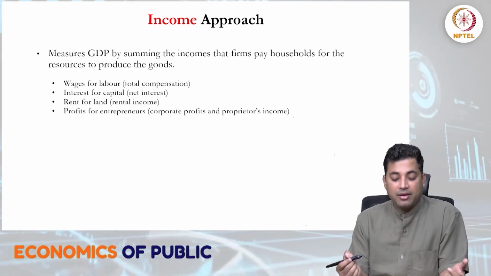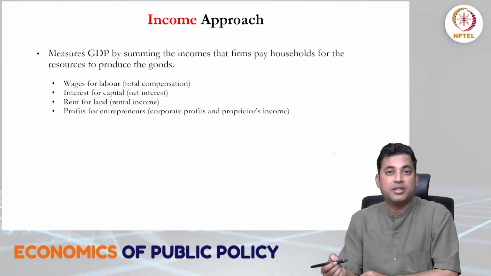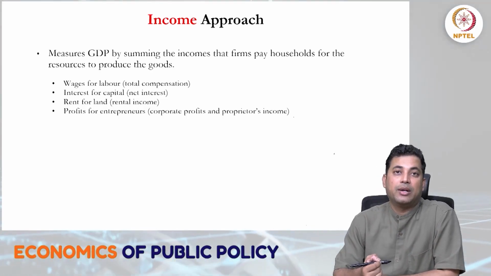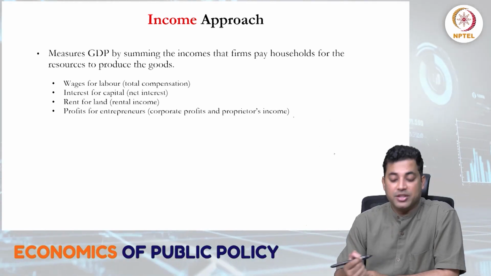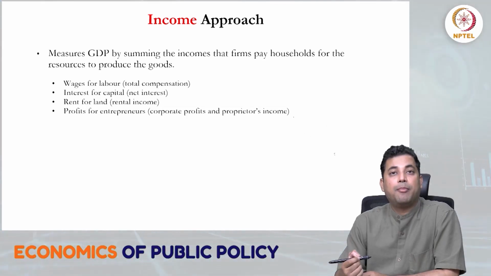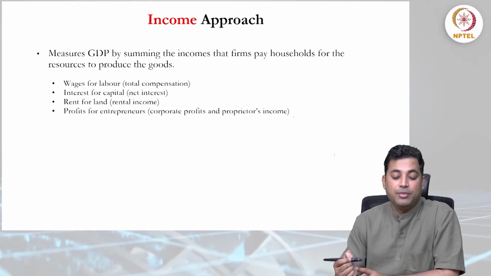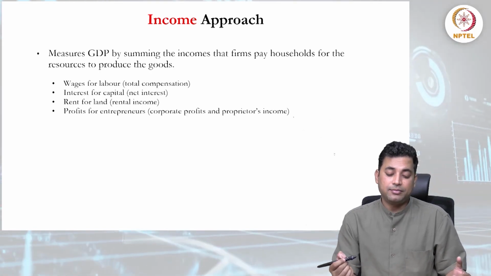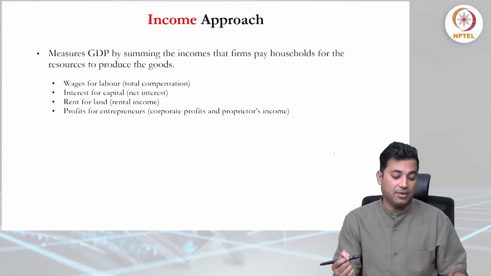So in case of income calculations, corporate profits and proprietors' income will be taken into account while calculating total national output, and here that is GDP. So this is the income approach which we follow when we calculate GDP, if the economy is considering the income approach for GDP calculations.